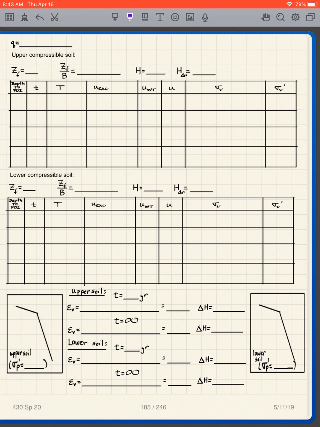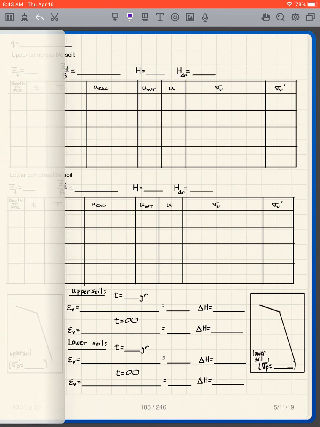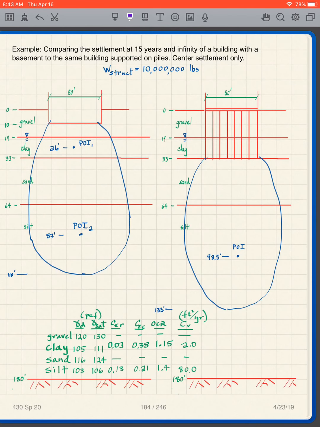So fill out this table. You can make your own at home, however you want to do it. But we've got depth at the point of interest, small t, big T, UXS, U water table, U, sigma V prime. Those are the headings. In this particular case, we're asking for the settlement at 15 years and infinity.